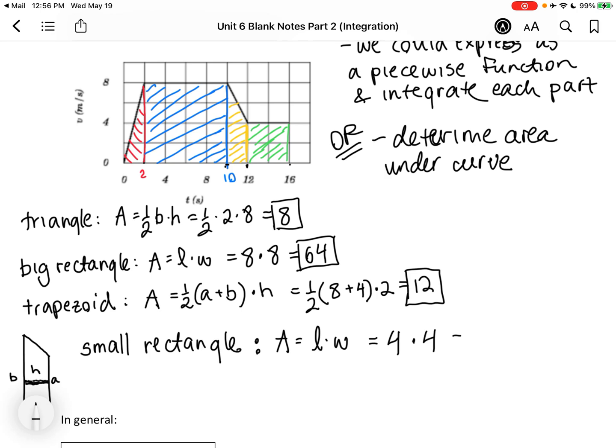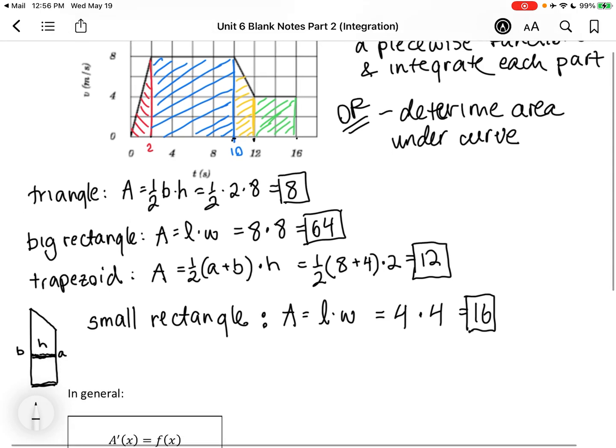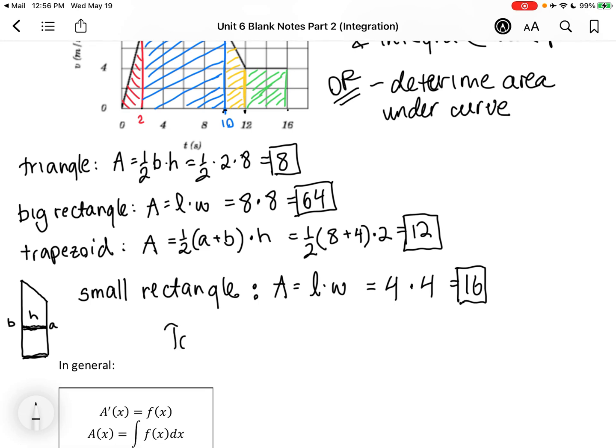Another square, what do you know? So our total area is 8 plus 64 plus 12 plus 16, and that's 72, 84, 100.